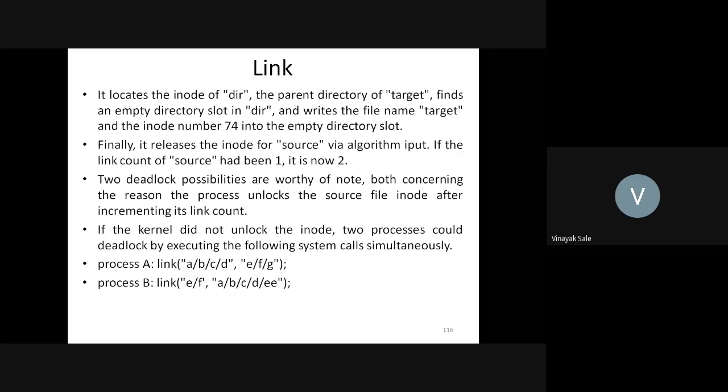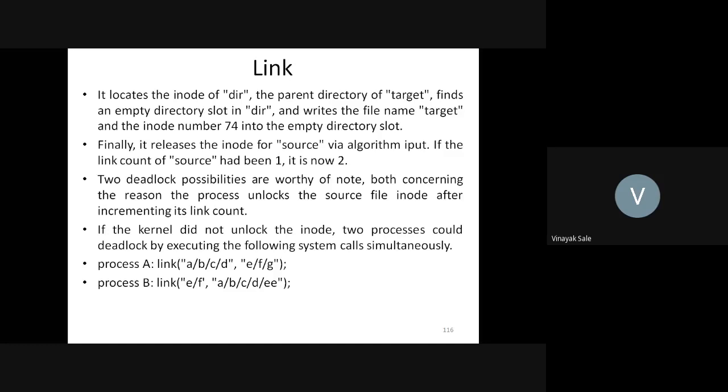Two deadlock possibilities are worthy of note, both concerning the reasons the process unlocks the source file inode after incrementing its link count. If the kernel did not unlock the inode, two processes could deadlock executing the following system calls simultaneously.